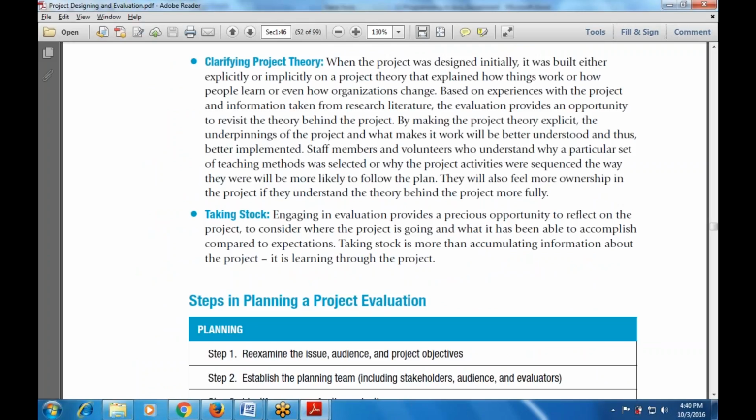So these are the few benefits that are available in the project evaluation.